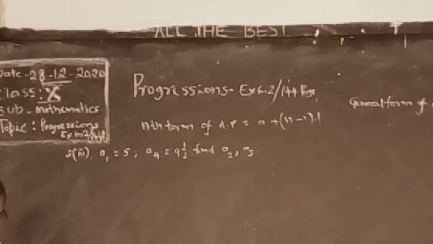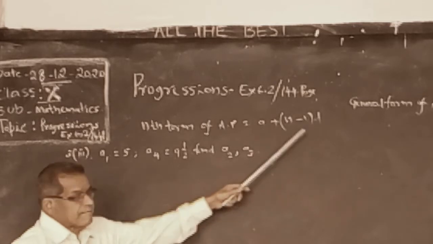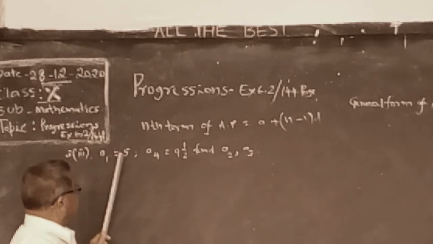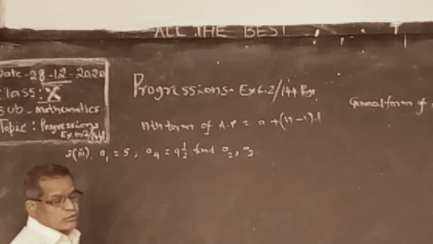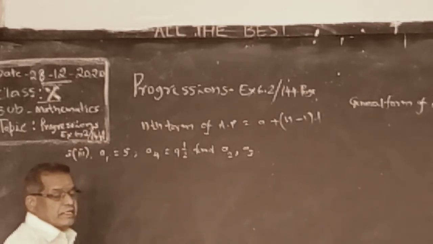By applying this formula, we can find given first term 5, fourth term, that is A plus 3D.